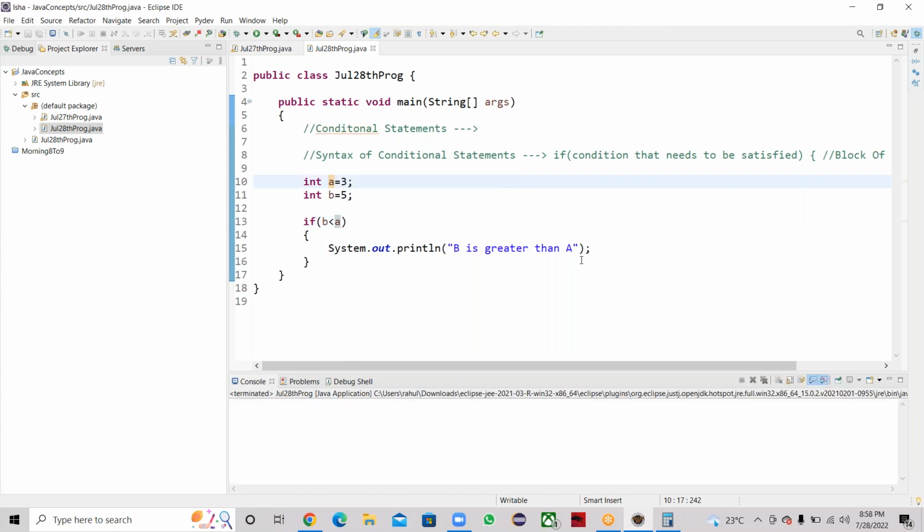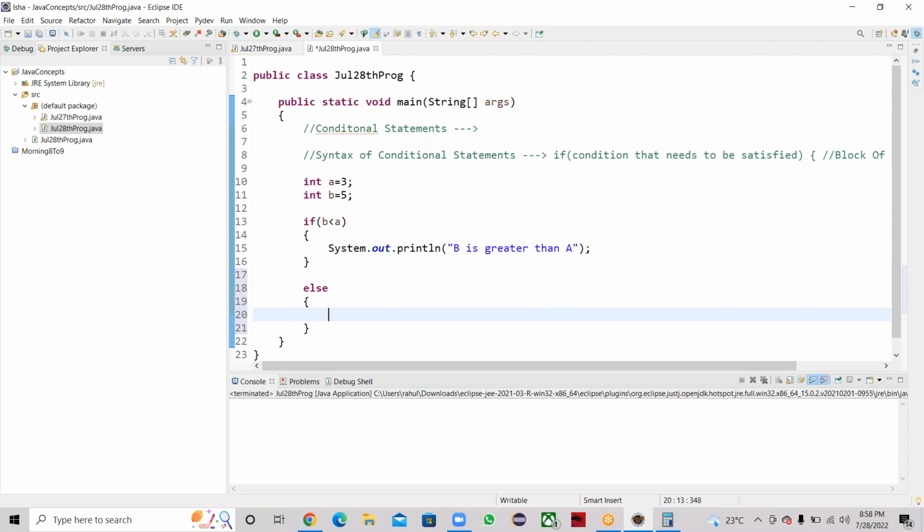So nothing will be printed onto the console. Okay. Clear? Clear. Now, in addition to this, if you write an else block, A greater than B greater than A.